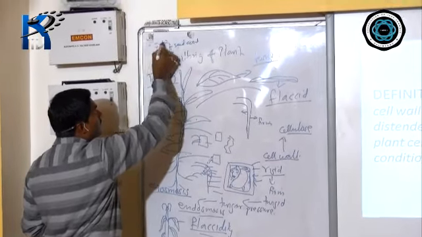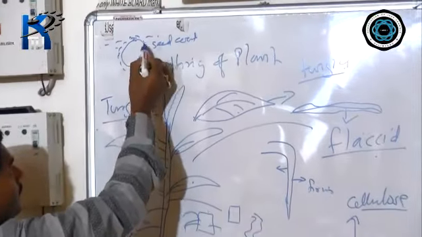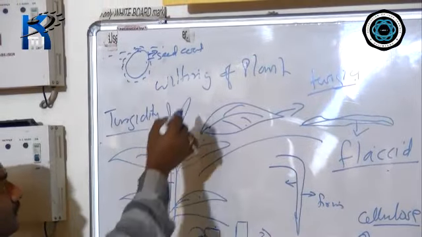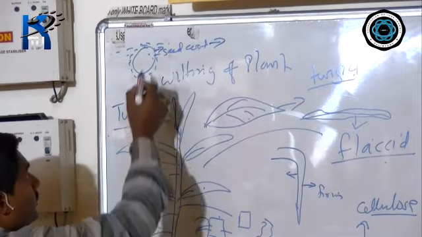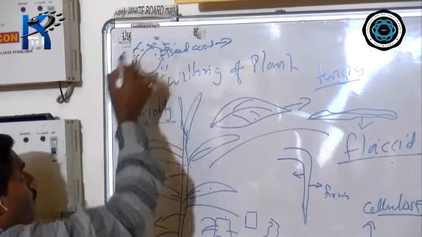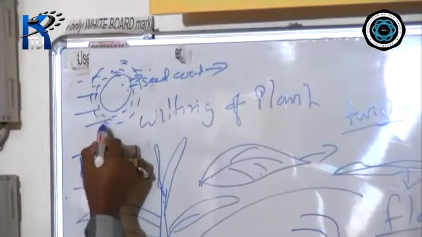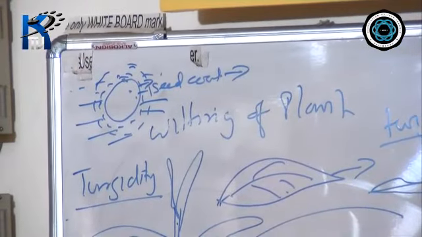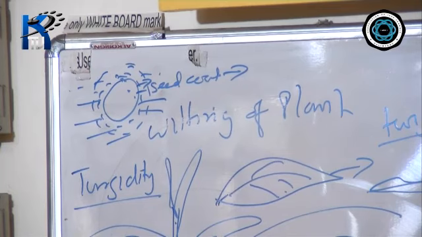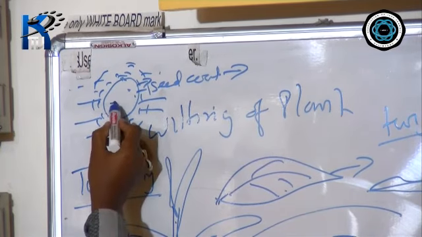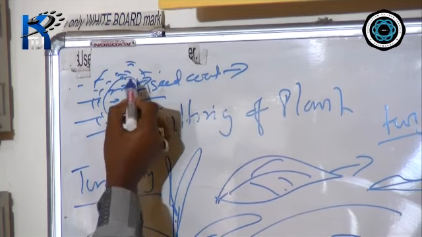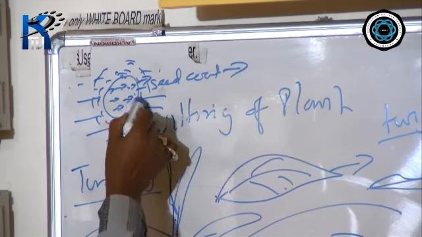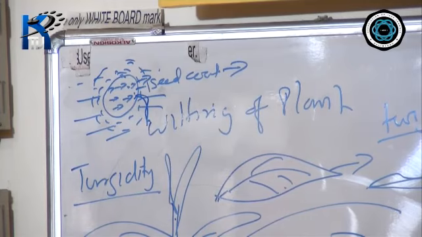When this seed is germinated, you will find that it swells up. Why does it swell up? Because water infiltrates inside. How the water infiltrates inside we will come to in the next part. But when the water infiltrates inside, it builds up a turgor pressure, and due to that, it leads to the germination of the seed also.